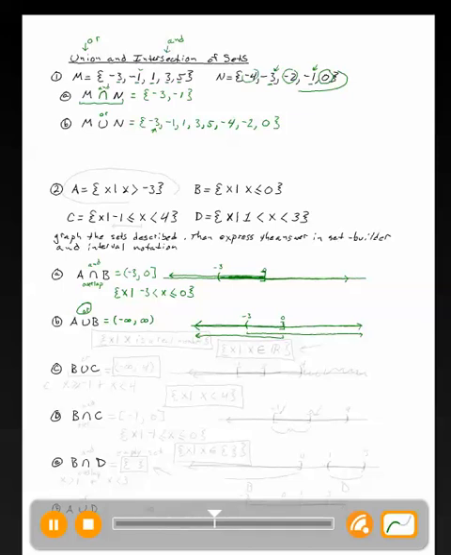And there's a number of ways of doing the set builder notation. But the way I like is to simply say x such that x is a real number.